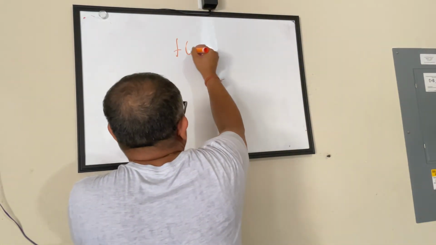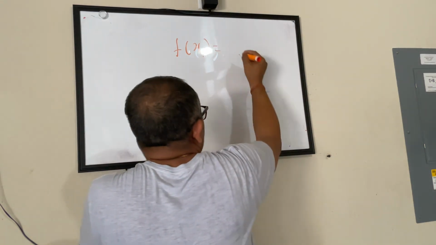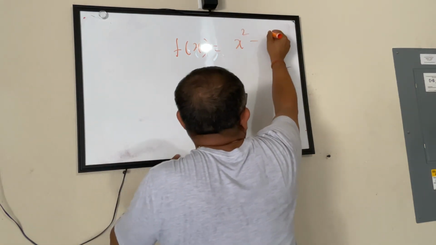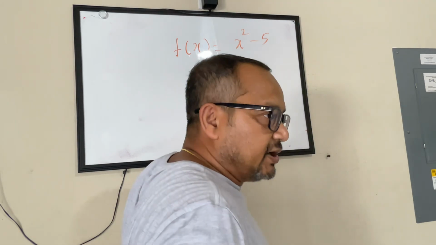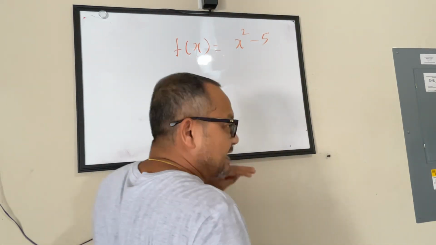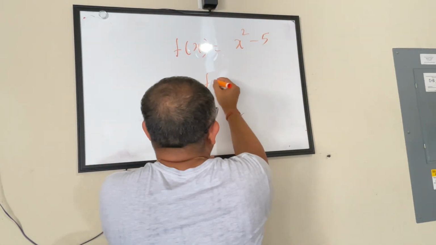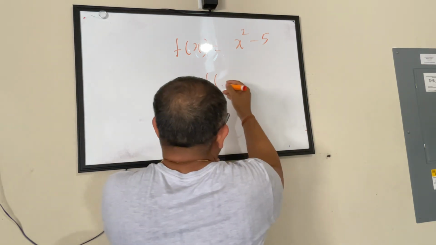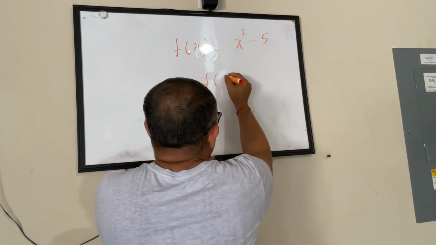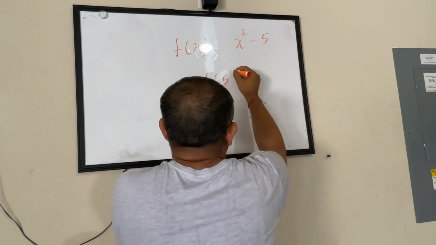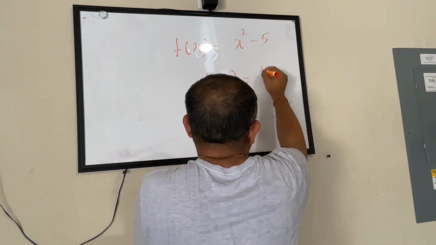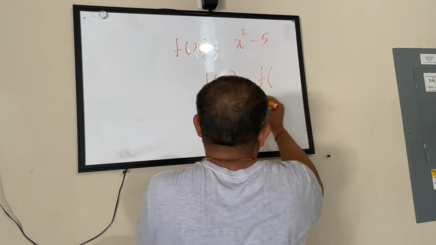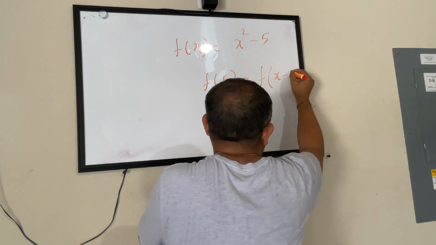If somebody says function of x equals x square minus 5, okay? And if there is a situation that the function of x for 5 is equal to function of x minus 2.